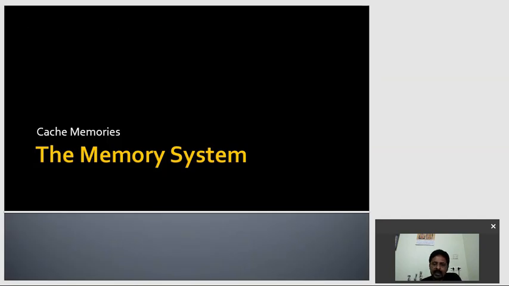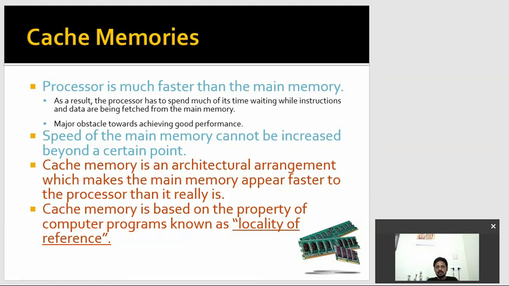Next we will see the memory called cache memory. Before going to cache memory, note that the processor is much faster than the main memory.